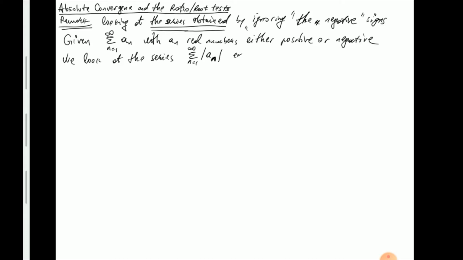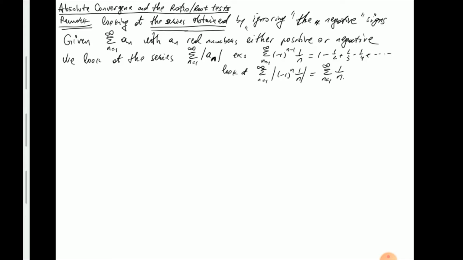As an example, let's say I start with the series given by (-1)^(n-1) times 1 over n, which again has the terms 1 minus 1/2 plus 1/3 minus 1/4 and so on. We will look at the summation from 1 to infinity of the absolute value of (-1)^n times 1 over n, which is just the summation of 1 over n.